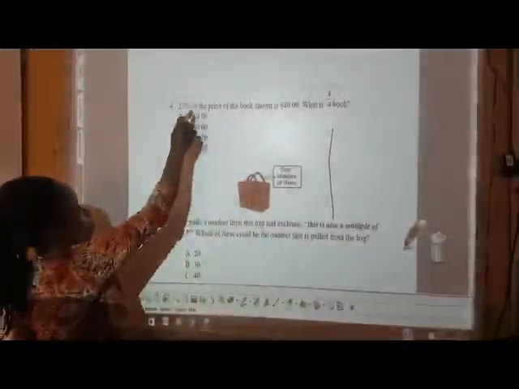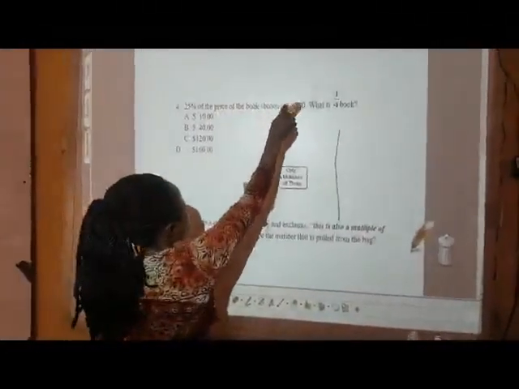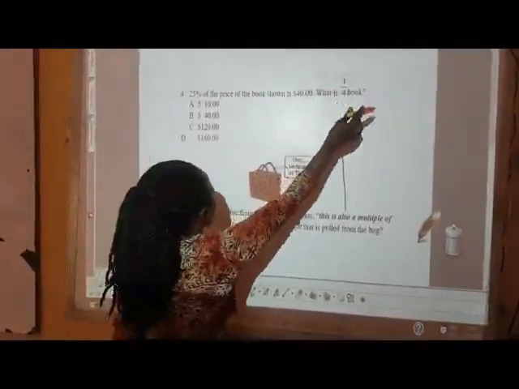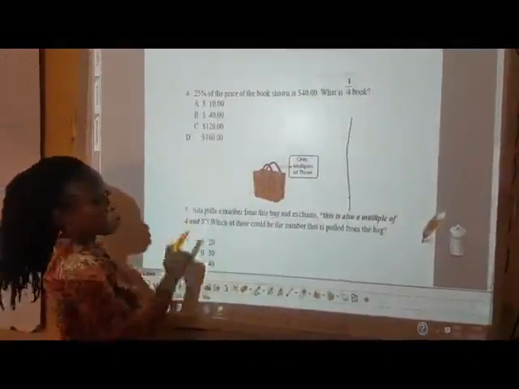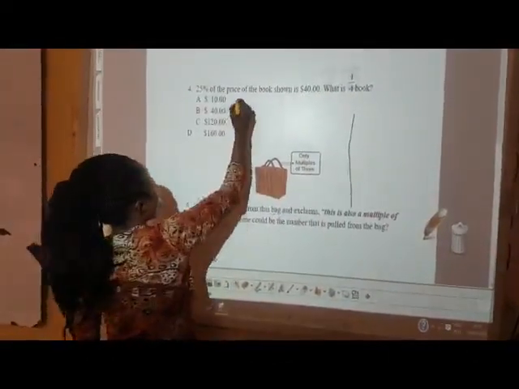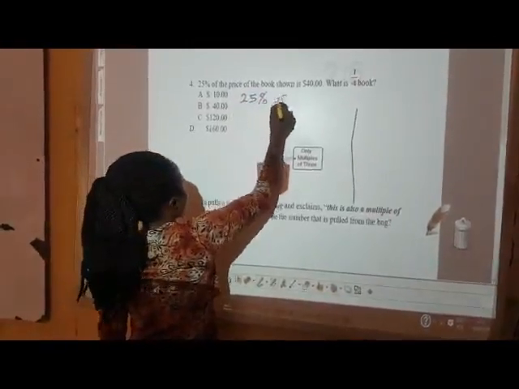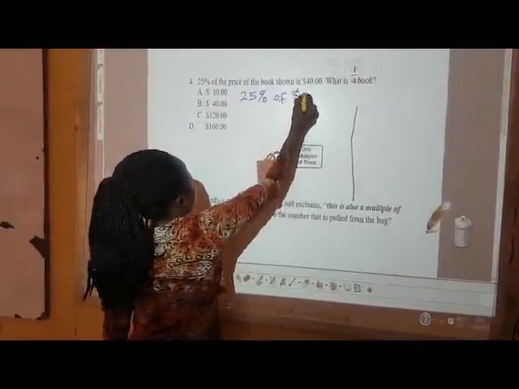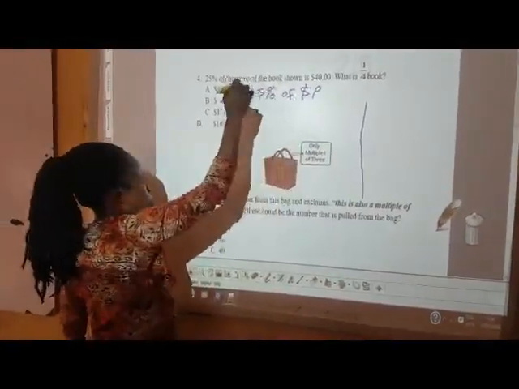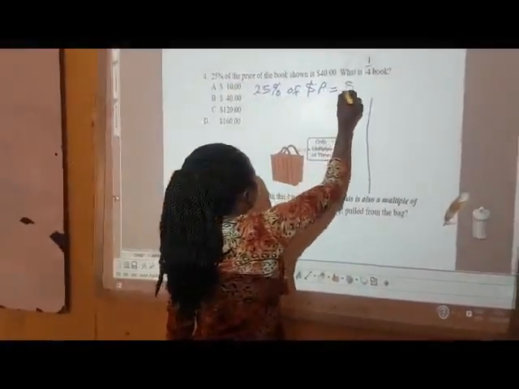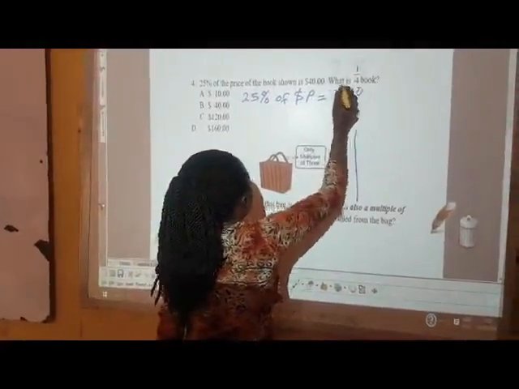Number 4. 25% of the price of the book shown is $40. What is 1/4 of the book? The first thing is to state the problem as 25% of P. On the book we have P dollars, and that's equal to $40.